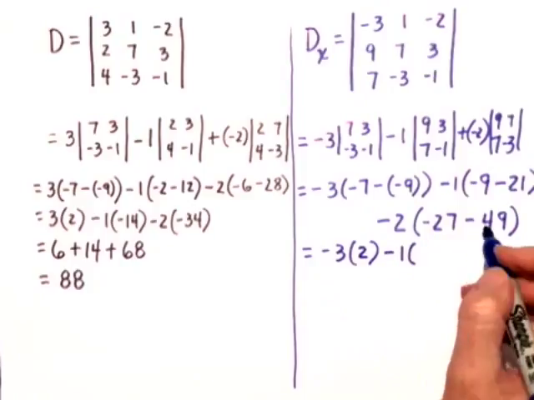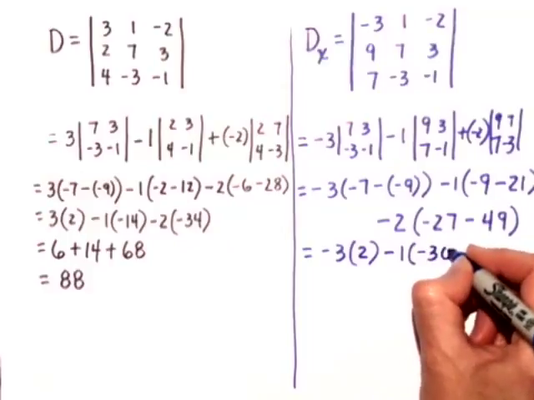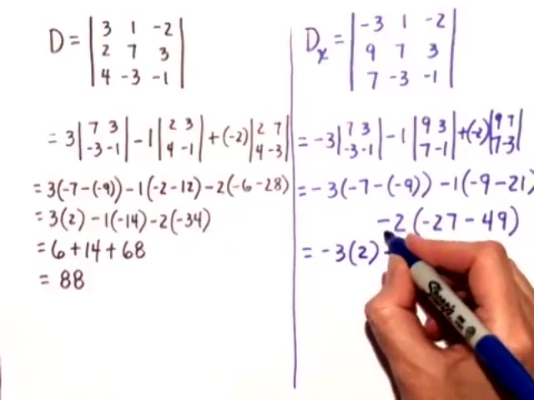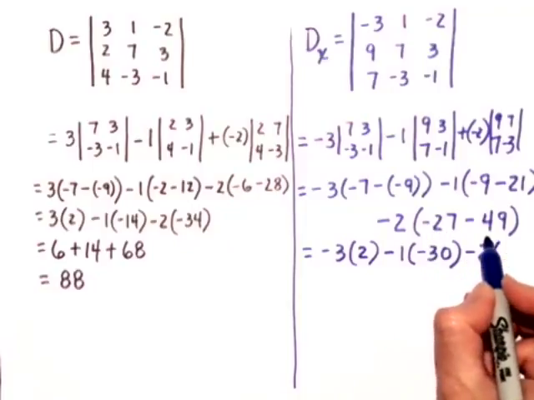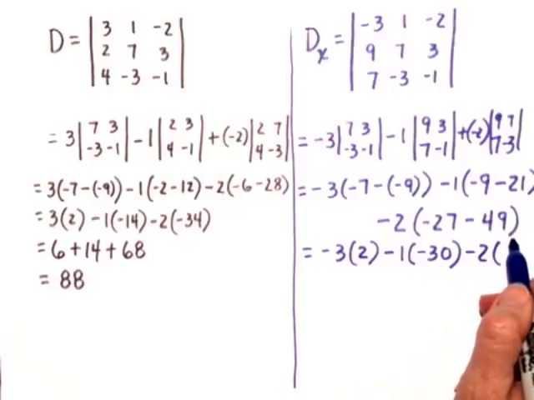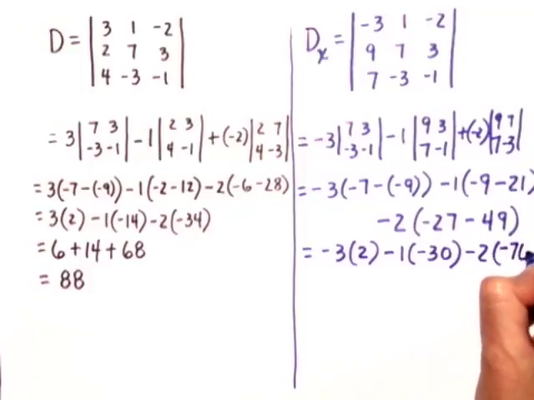Minus 1 times negative 9 minus 21 is just negative 30. And then we have minus 2 times negative 27 minus 49 is negative 76.